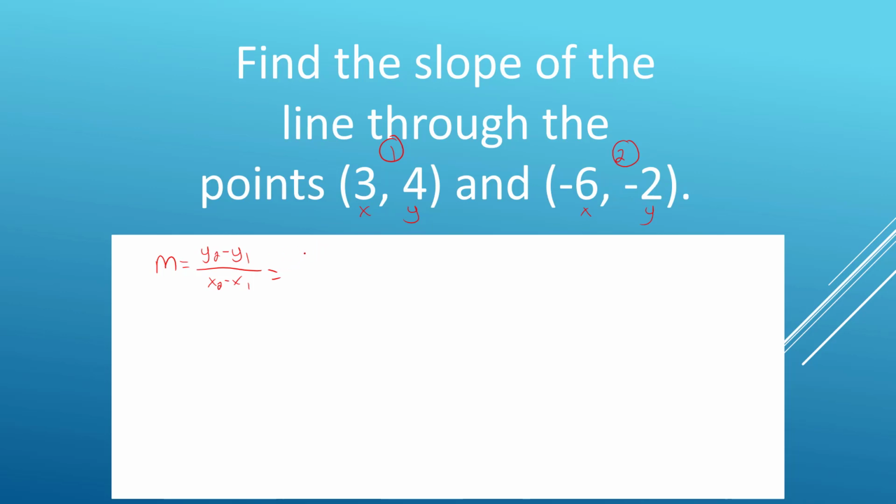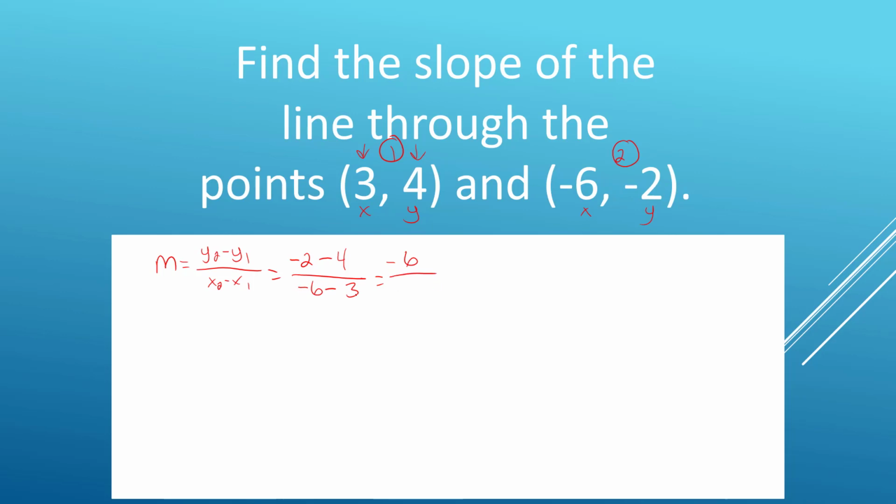So y2, my second ordered pair, y value is negative 2 minus my y value from my first ordered pair over my x value from my second ordered pair, so negative 6 minus my x value from my first ordered pair. So let's simplify. Negative 2 minus 4 is negative 6.